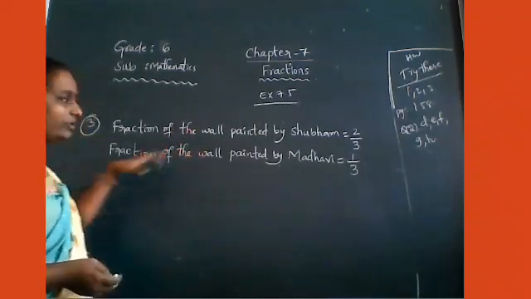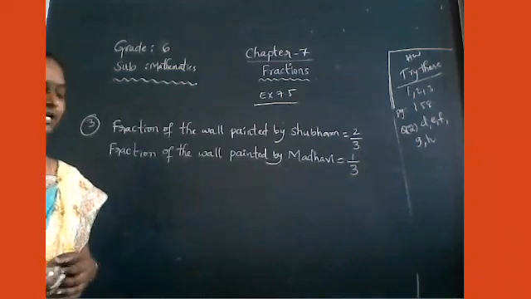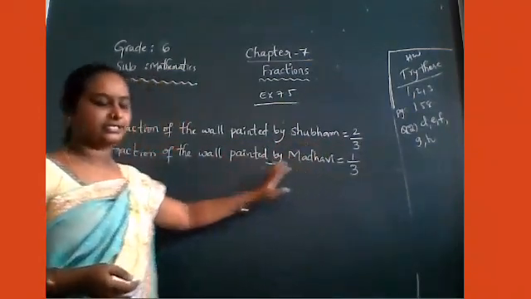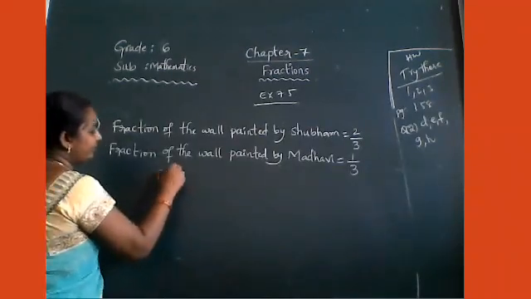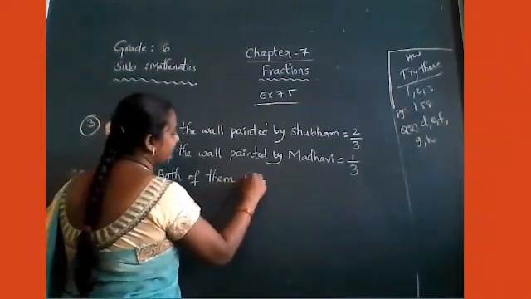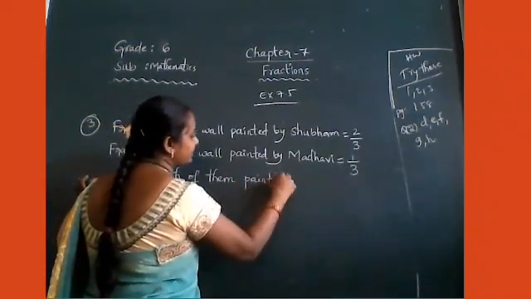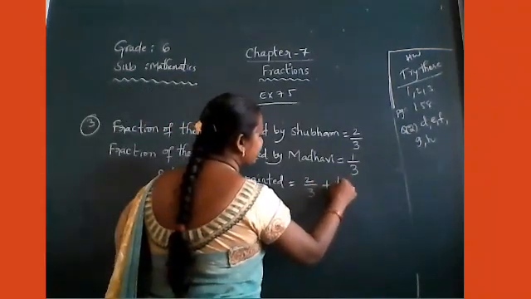Both of them painted means what do we have to do here? We have to do the addition of two fractions. So both of them painted together is equal to 2 by 3 plus 1 by 3.